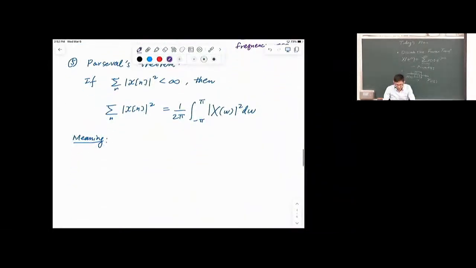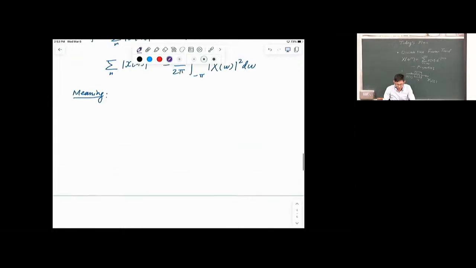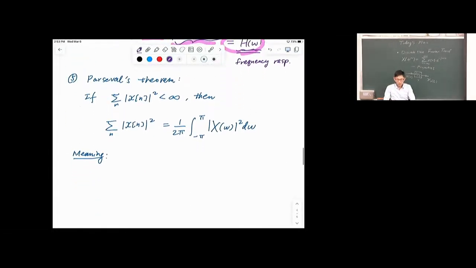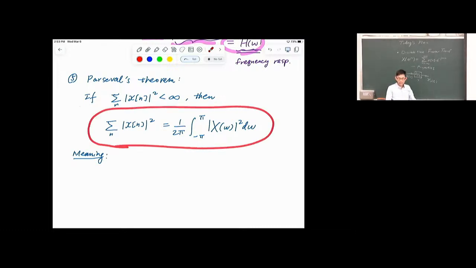Now this is probably the last property I will cover today. The last property is also a theorem, called Parseval's theorem. Parseval's theorem is expressed in this identity.